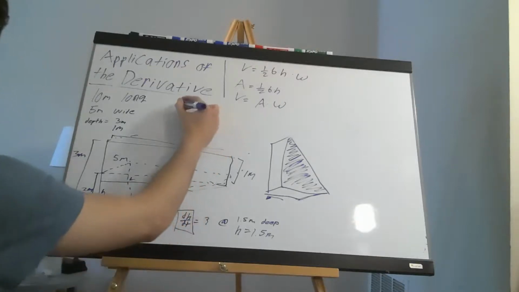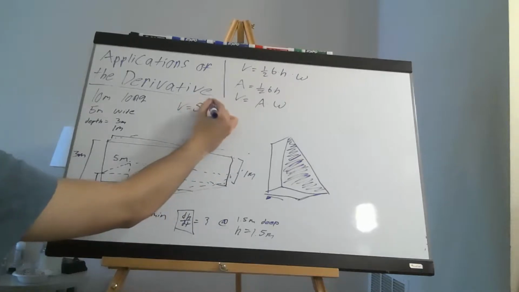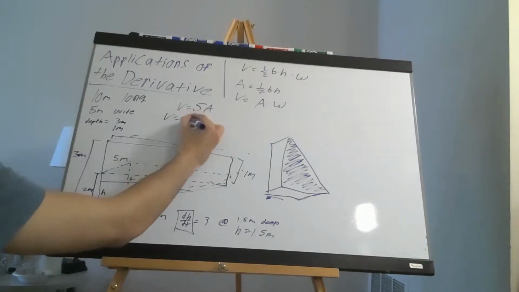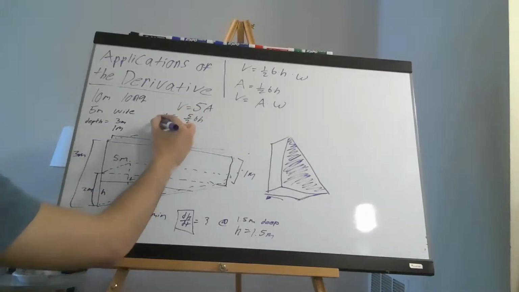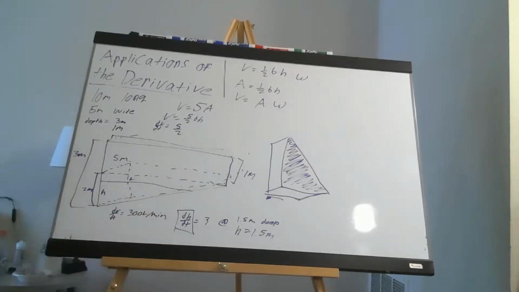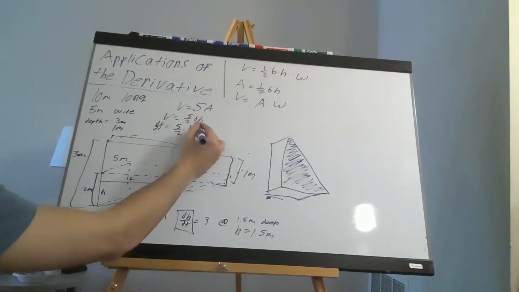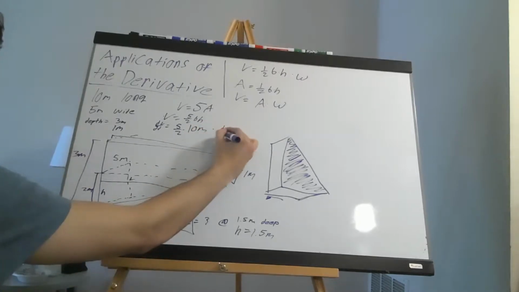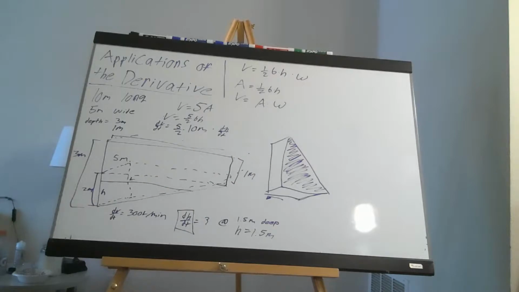Okay, so then we got V equals 5 times A. So then V equals 5/2 base times height. So then dV dt equals 5/2 base, which is 10, times dH dt.